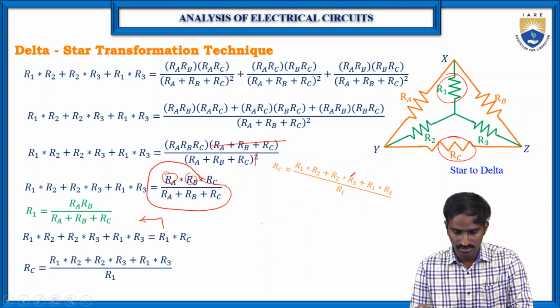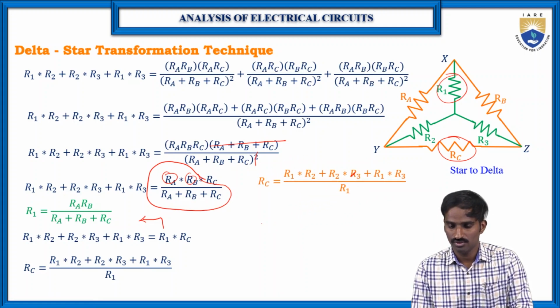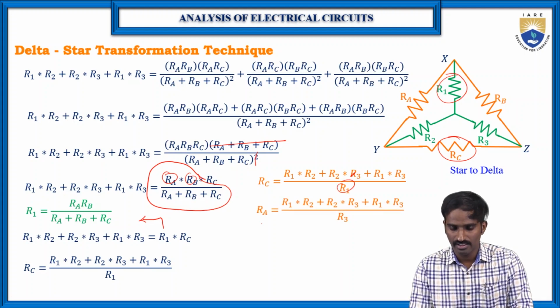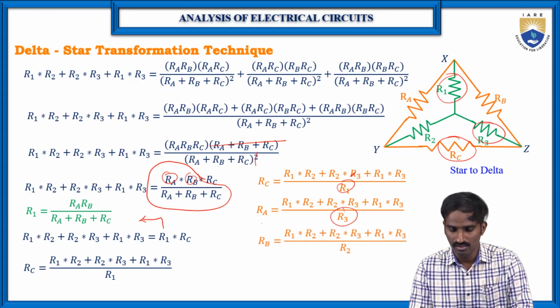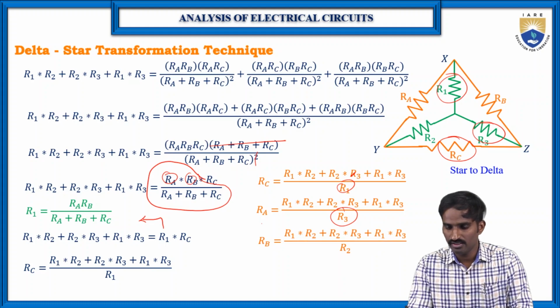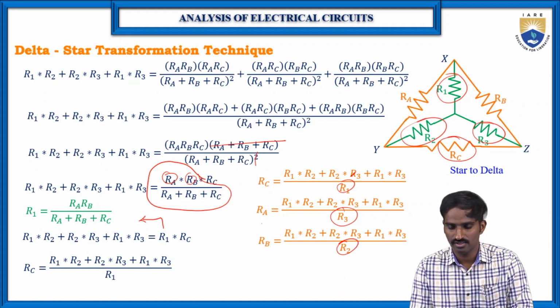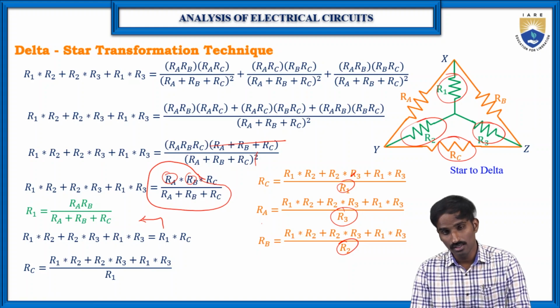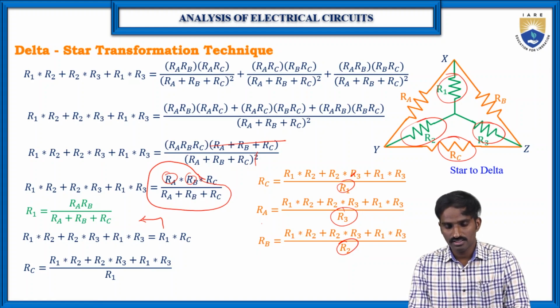Here you can see RC, the opposite resistor is R1. For RA, the numerator is the same and the opposite resistor is R3. Similarly for RB, the opposite resistor is R2, so in the denominator R2.